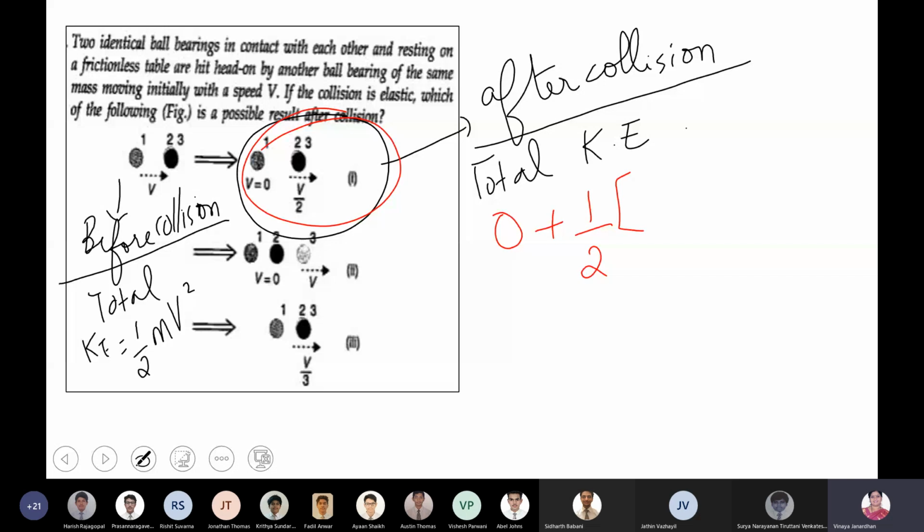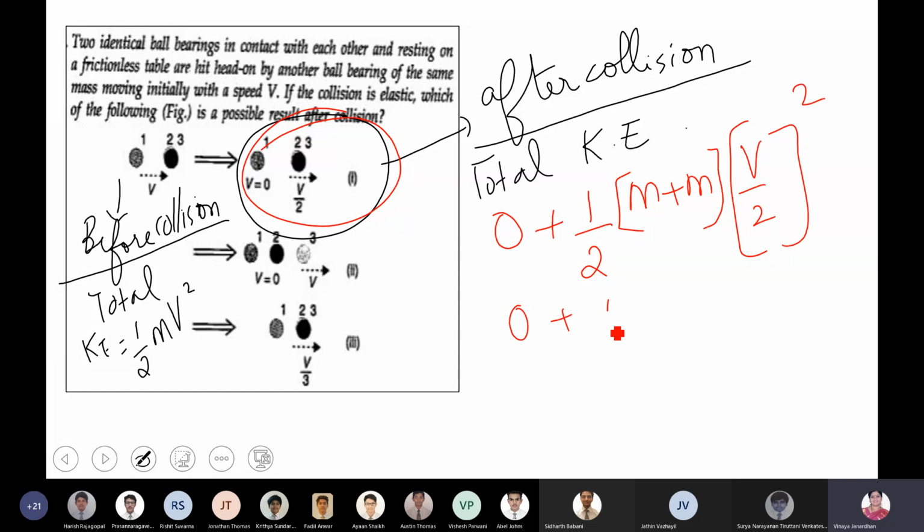Both 2 and 3 are combining, so the mass is 2m. With what velocity are they moving? v by 2, so v by 2 the whole squared, which is v squared by 4. So what is the final expression? It is m v squared by 4.